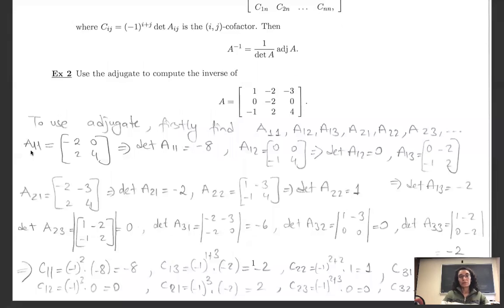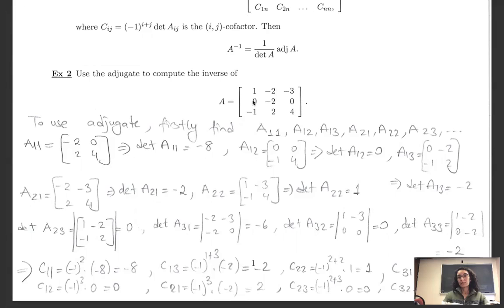So for example, A11 will be, go to the first entry, cover up the corresponding column and row, and A11 will be this submatrix, and the determinant of this matrix will be minus 8. Similarly, for A12, go to the entry lowercase a12, this minus 2, and cover up the corresponding column and row.